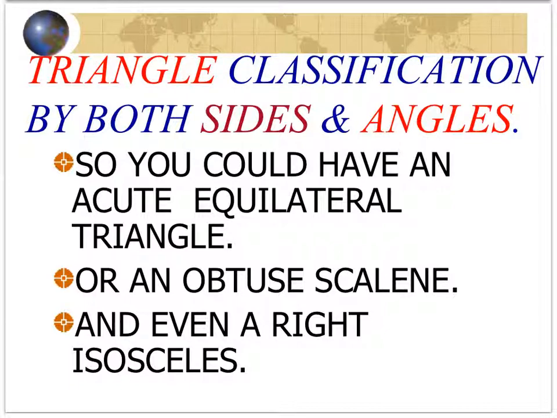You can have an obtuse scalene, where you have one angle that's larger than 90 and none of the sides are the same. And you can even have a right isosceles, meaning one angle is 90 degrees and there are two sides that are equal to each other.